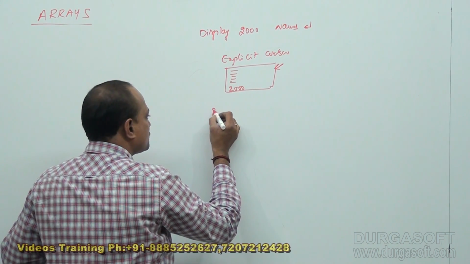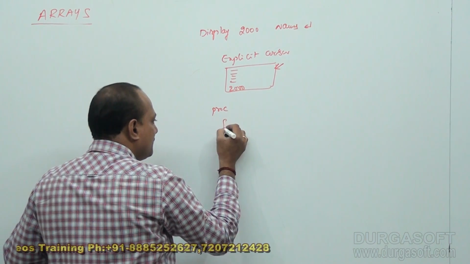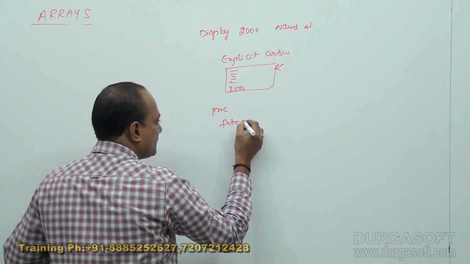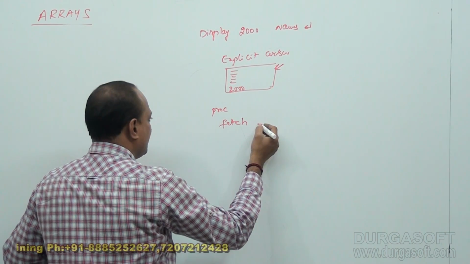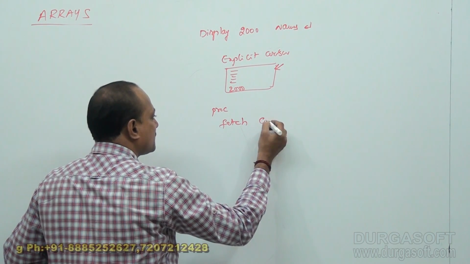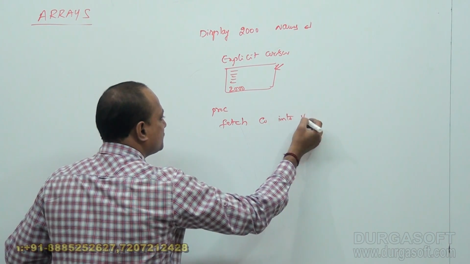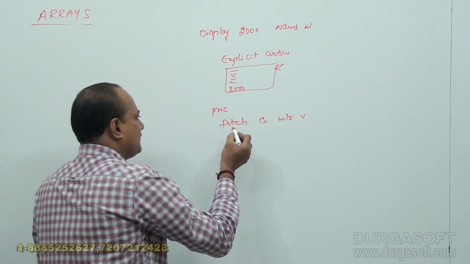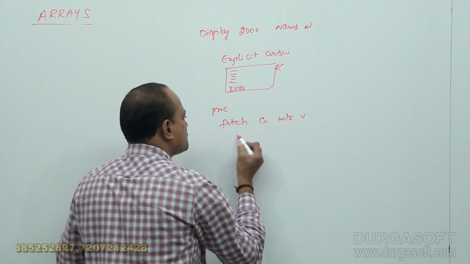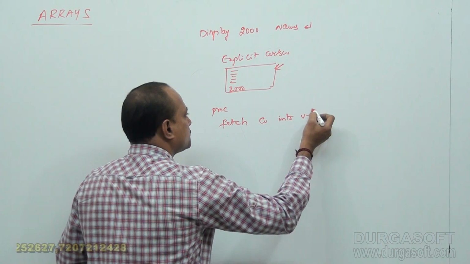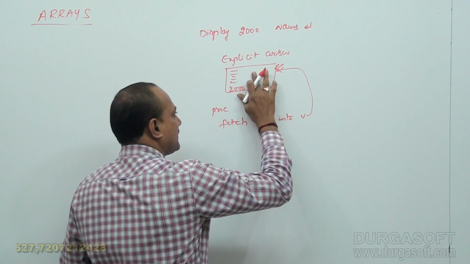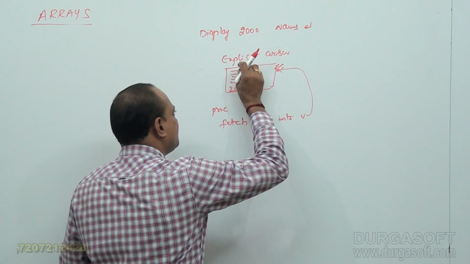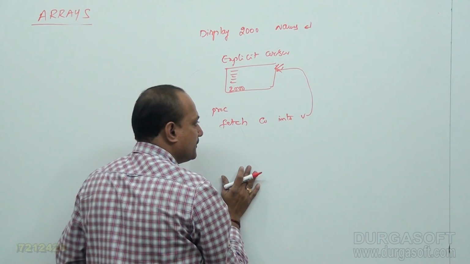Next, within the procedure, we will fetch value by value. Fetch from the cursor and save it into a variable. For each fetch operation, the execution control goes to the cursor buffer, takes a value and comes into the program buffer.